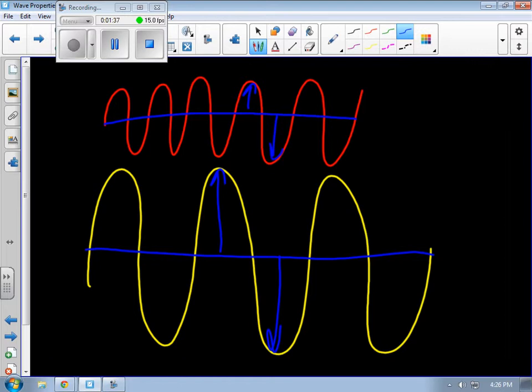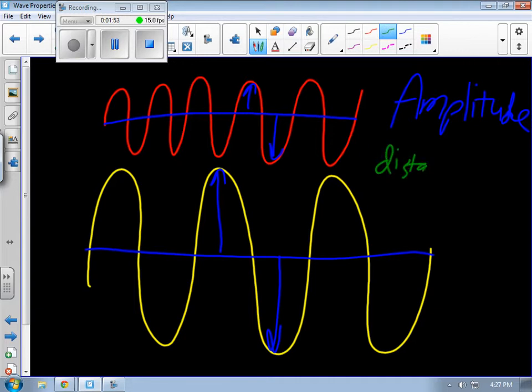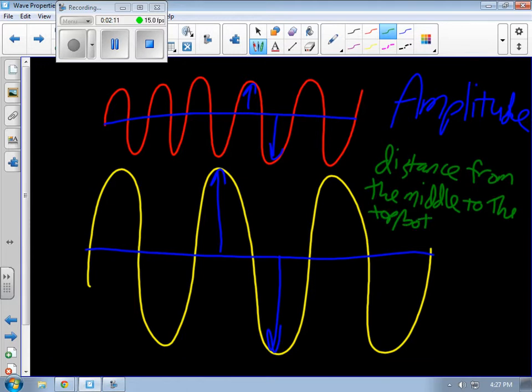This change in height is called amplitude. So our amplitude is the distance from the middle to the top or bottom of a wave.